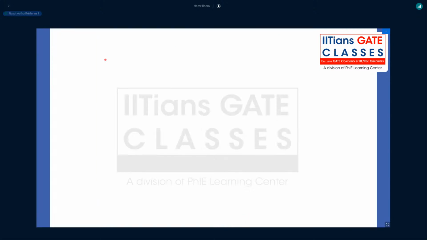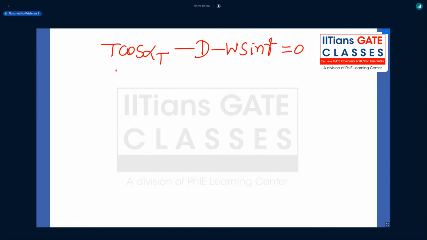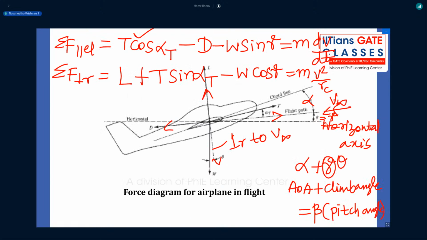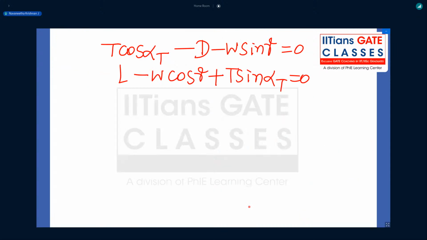So my equations become thrust cos alpha t minus drag minus W sin gamma equal to 0, then lift minus W cos gamma plus thrust sin alpha t equal to 0, because for unaccelerated flight, acceleration is 0.